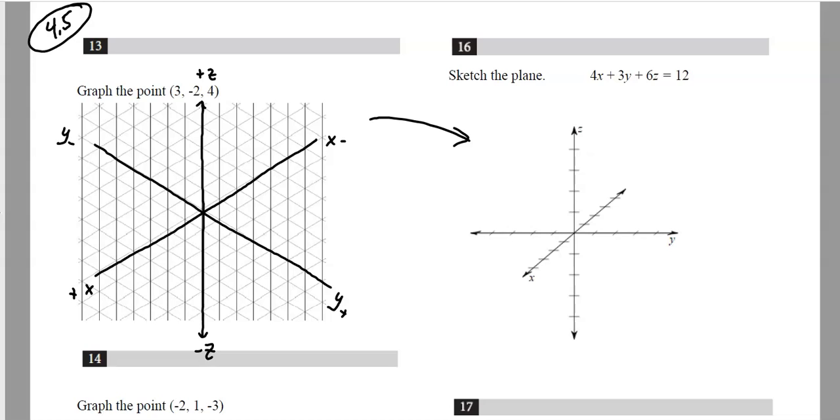Big thing to remember is when you travel from x to y, you have to be going counterclockwise, going positive to positive. So if I start at x positive and travel counterclockwise, you have to then hit y positive. If you don't, you have it set up wrong.